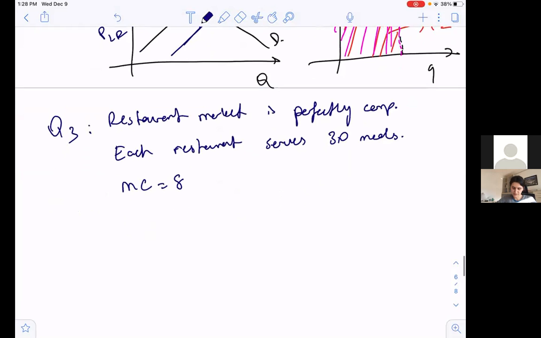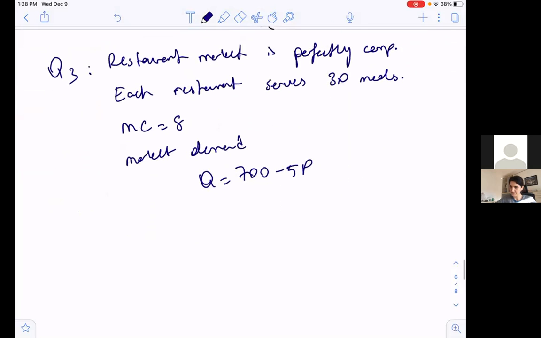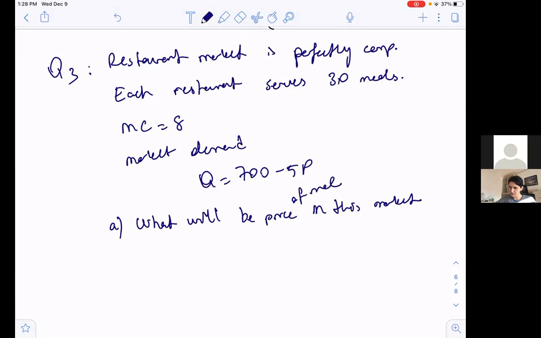Market demand is Q equals 700 minus 5p. What will be the price of a meal in this market?